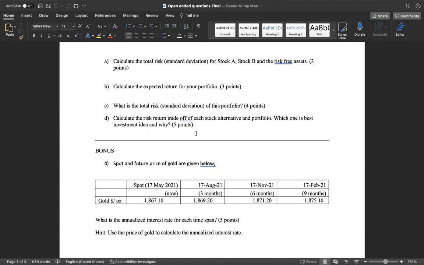Coefficient of variation is calculated by dividing standard deviation of any asset or portfolio by the return of any asset or portfolio. So coefficient of variation represents how much risk, how many units of risk, is per 1 unit of return.